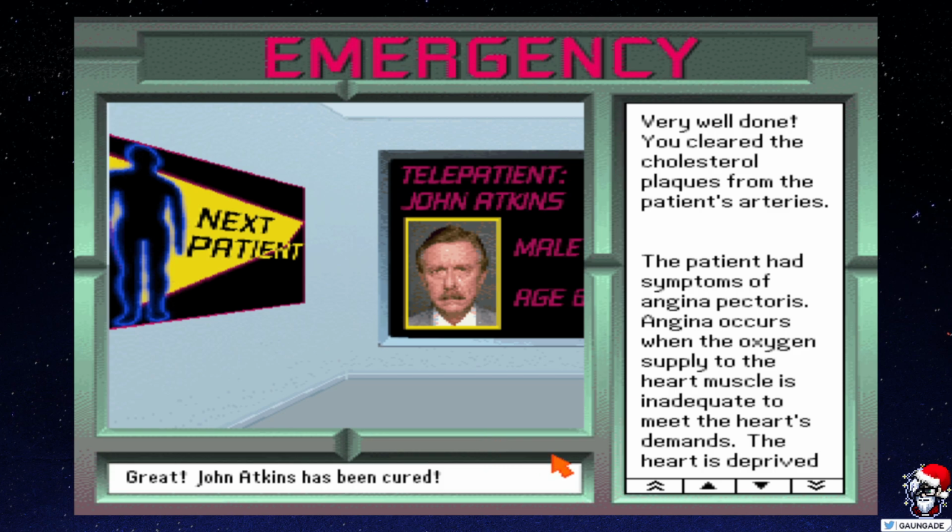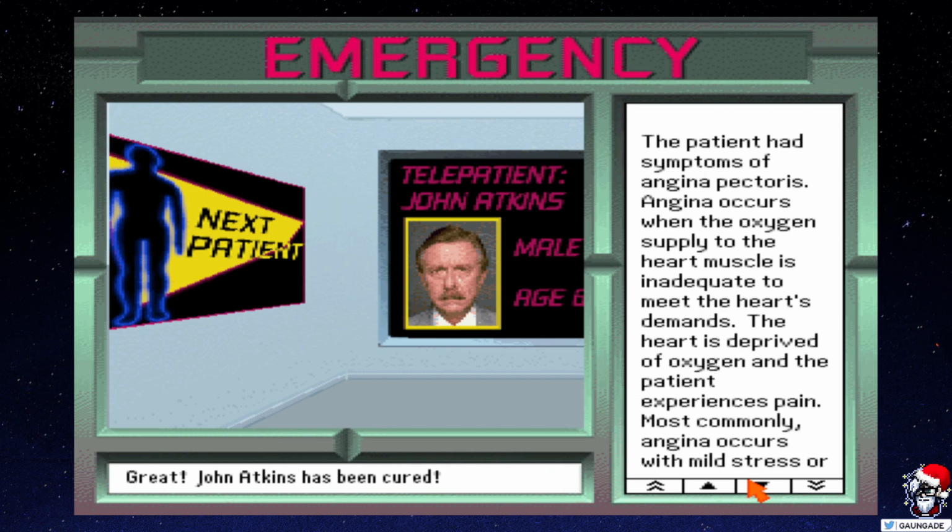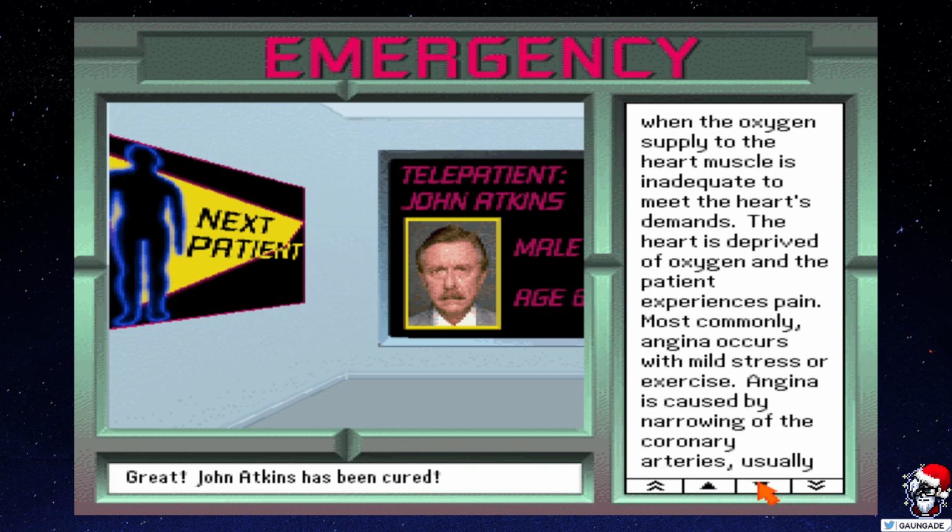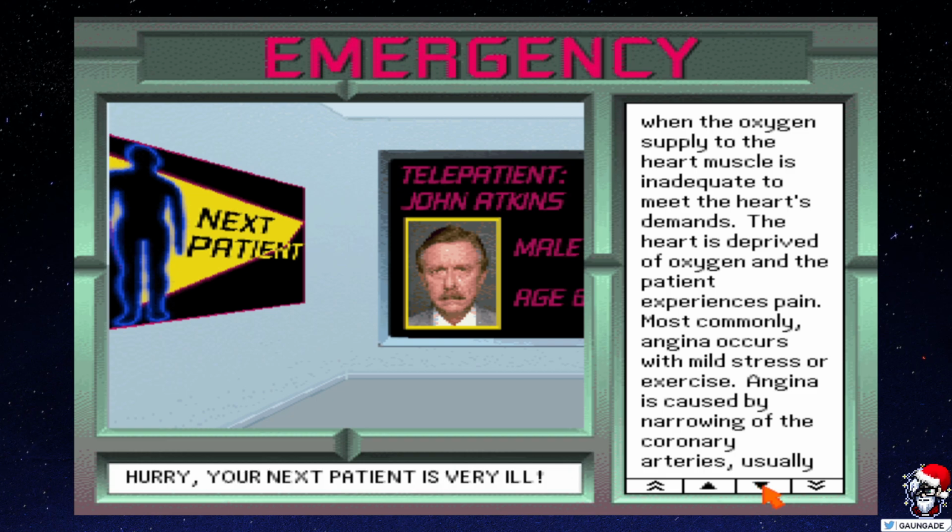Very well done. You cleared the cholesterol plaques from the patient's arteries. The patient had symptoms of angina pectoris. Angina occurs when the oxygen supply to the heart muscle is inadequate to meet the heart's demands. The heart is deprived of oxygen, and the patient experiences pain. Most commonly, angina occurs with mild stress or exercise.